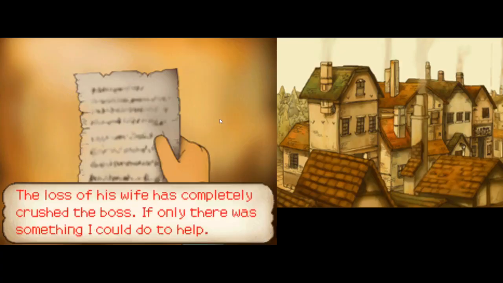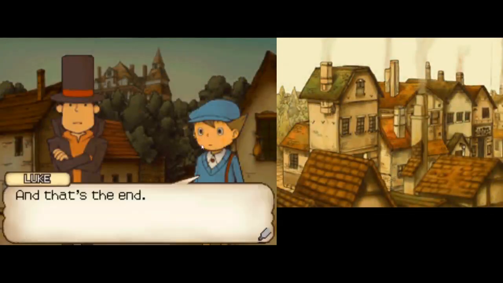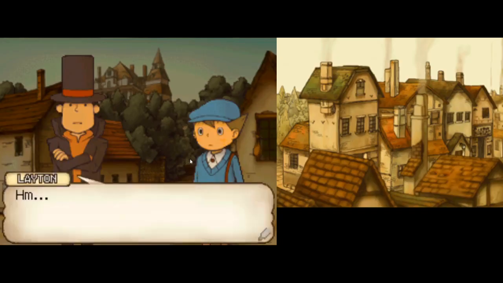The loss of his wife has completely crushed the boss. If only there was something I could do to help. He walks around looking like he's had the wind knocked out of him. And that's the end. Gosh, whoever wrote this must have cared an awful lot for the Baron and his family.